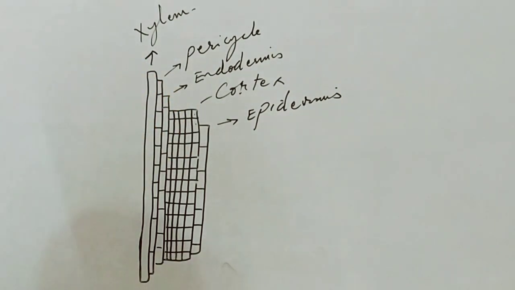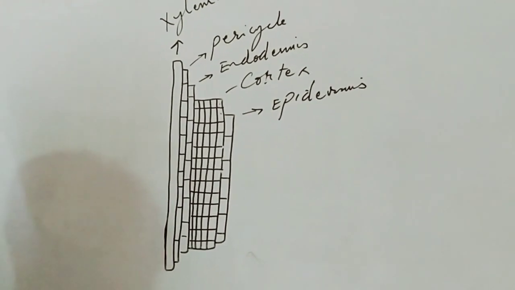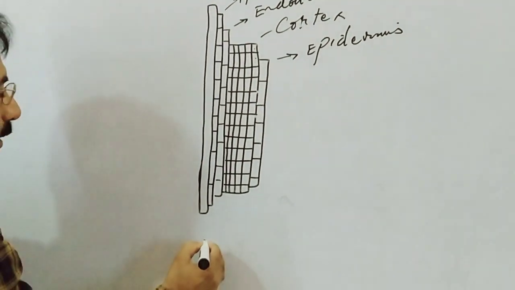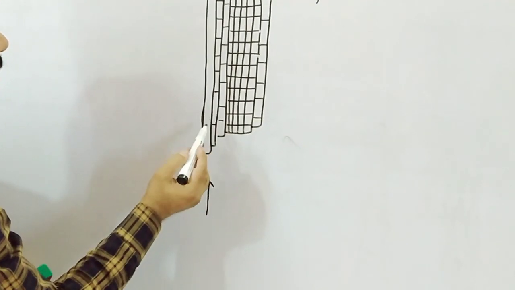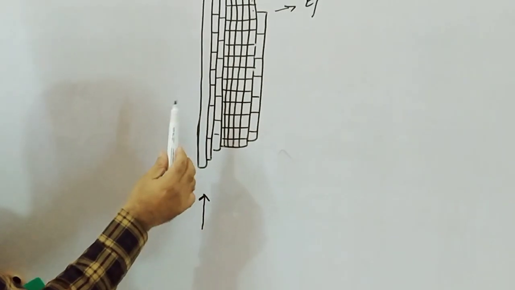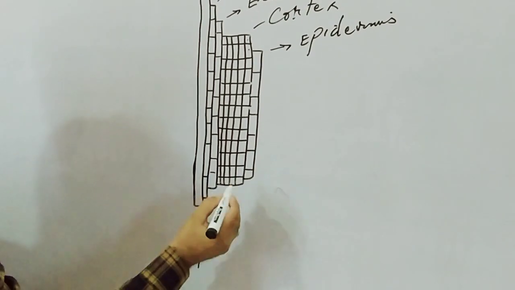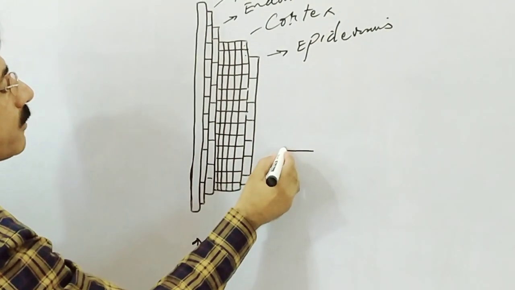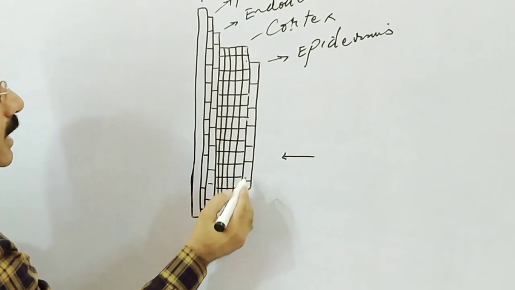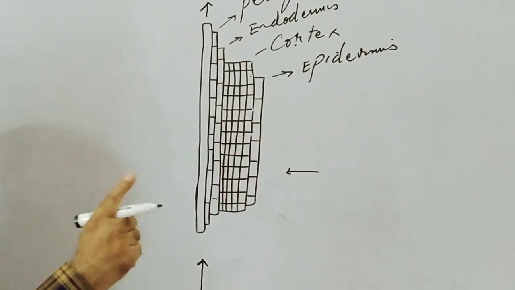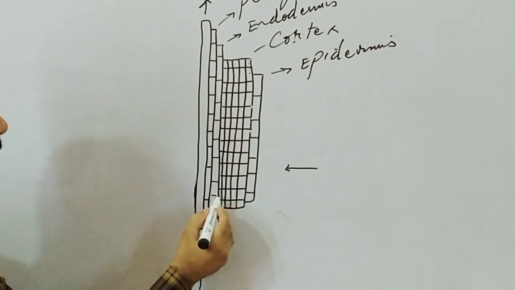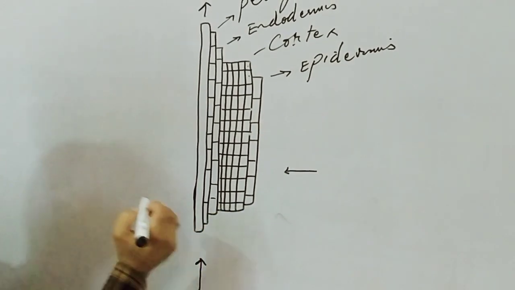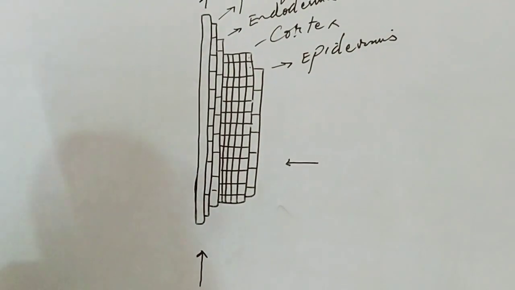The flow of the water through the root: water flows from the soil, covering 8 cells, 1 2 3 4 5 6 7 and 8, until it reaches the xylem, where the movement is upward.